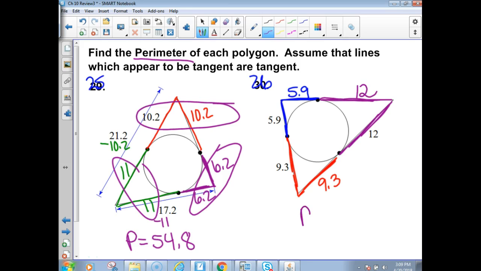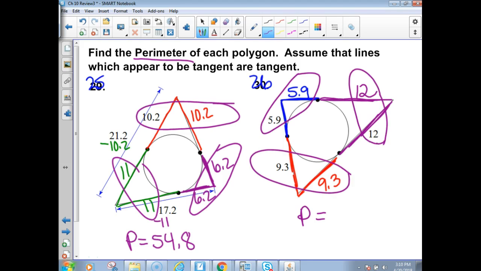Put them all together. 54.4. Would that be agreeable? Are you guys agreeing with that? Okay.